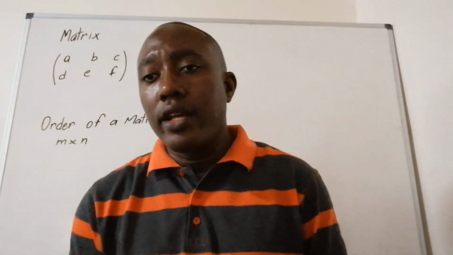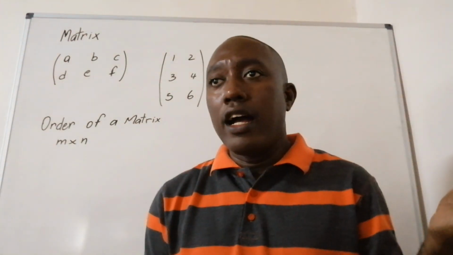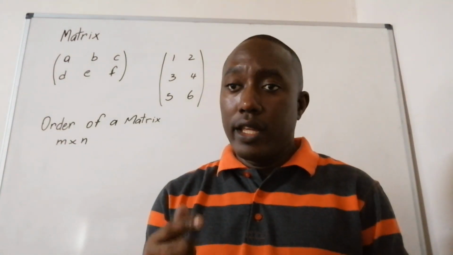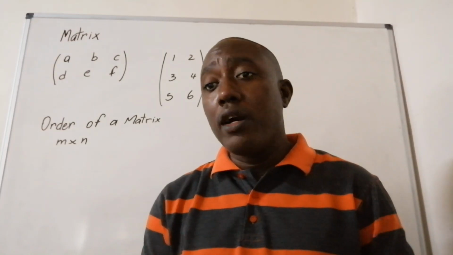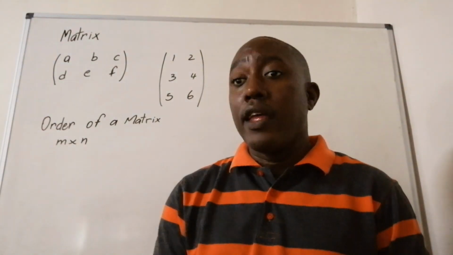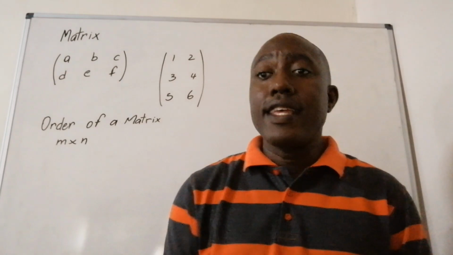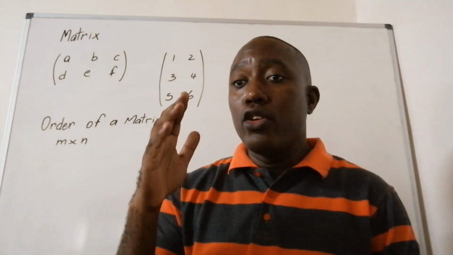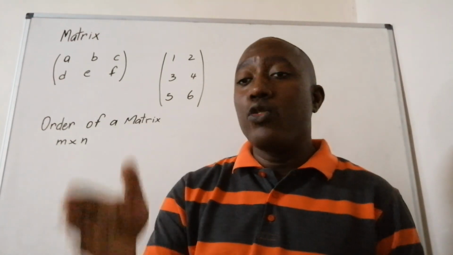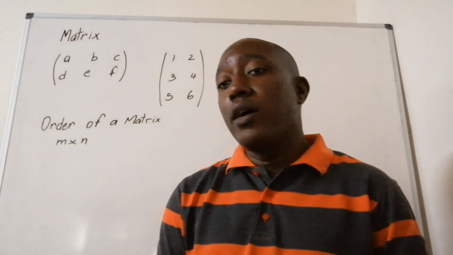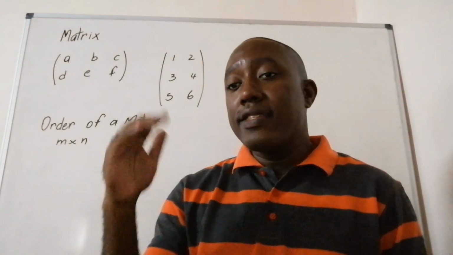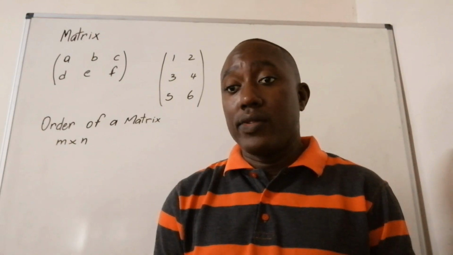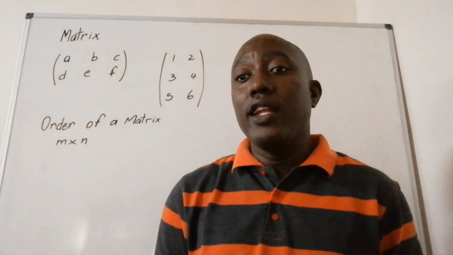In the IPL, you will have an array of rows and columns showing the number of games played, the number of wins, the number of losses. If you are a football fan, the same thing. You might be following the English Premier League, and you see your team, the number of wins, the number of losses, the number of goals scored, and it is placed in rows and columns. And this is a matrix, even in our everyday life.